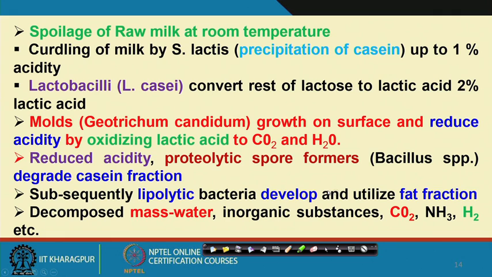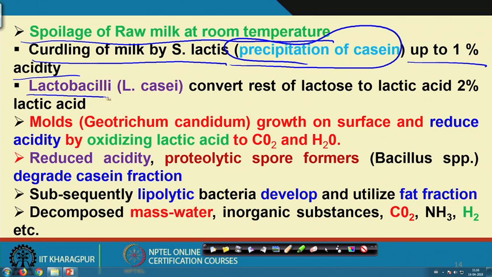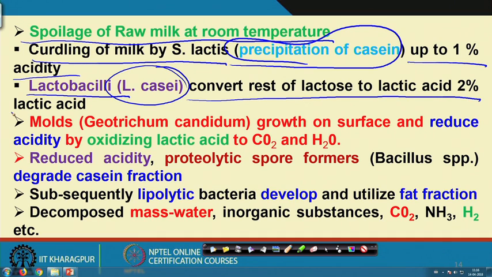Then spoilage of raw milk at room temperature could happen like this, right. First, curdling of milk by Streptococcus lactis, because of precipitation of the casein at up to 1% acidity. Then lactobacilli, like Lactobacillus casei, convert the rest of the lactose to lactic acid, around 2%.